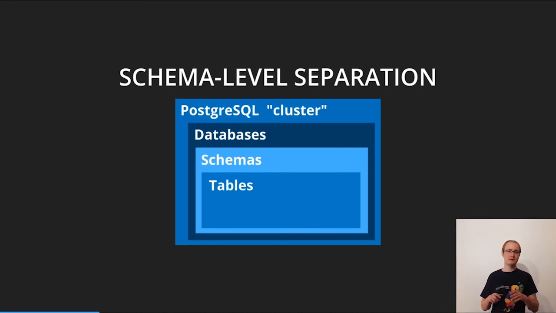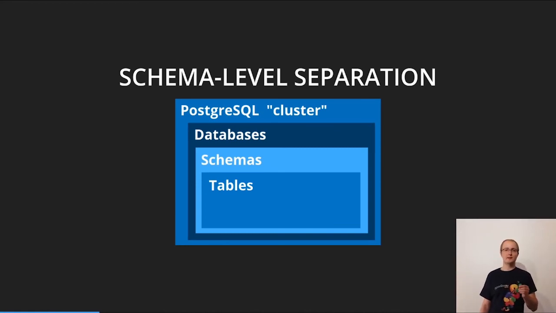There is your database, and you can have multiple databases in one cluster. And inside that database, you can have different schemas, and those schemas contain tables and indices and views and so on. So usually you only have one schema that is called public, and all your tables live in the schema called public. But you can have multiple schemas within one database.